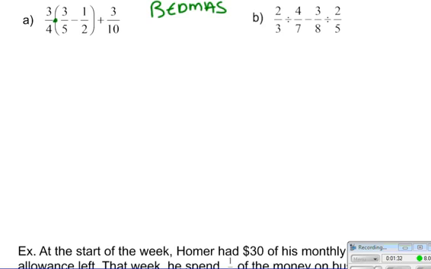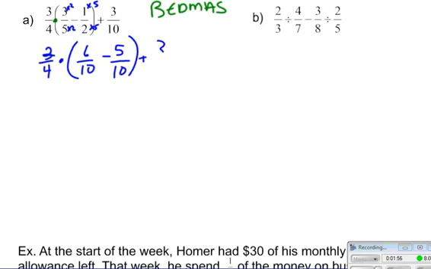Because our denominators are different and we're subtracting, we need to make them the same before we can subtract. So the easiest way, I hope you remember, is just by multiplying them by each other, and then remembering whatever you do to the bottom of the fraction, you do the same at the top. So we get 3/4 times 6/5 take away 6/10, pardon me, take away 5/10, plus 3/10.